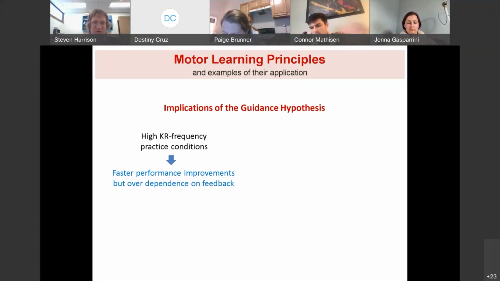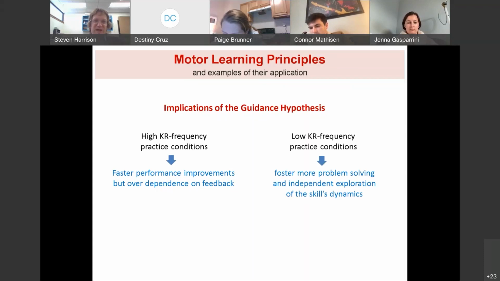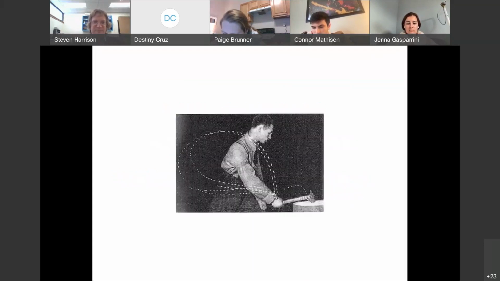But you're creating a situation where you're basically training an over-dependence on the feedback. In contrast, with a low frequency of knowledge of results presentation, you're going to foster more problem solving and more independent exploration of the skill's dynamics. You're actually going to provide the opportunity for incorporating that intrinsic feedback.